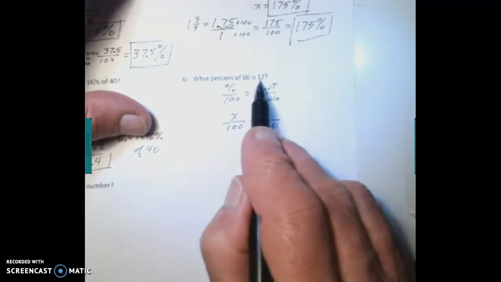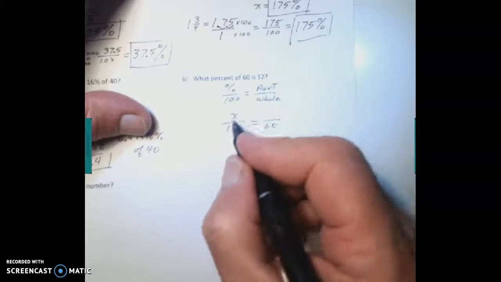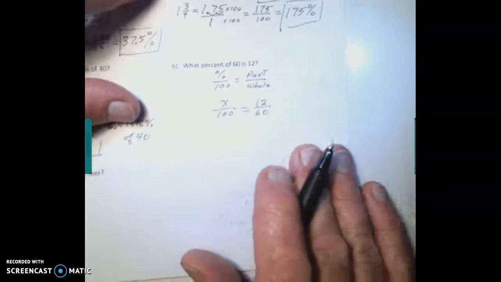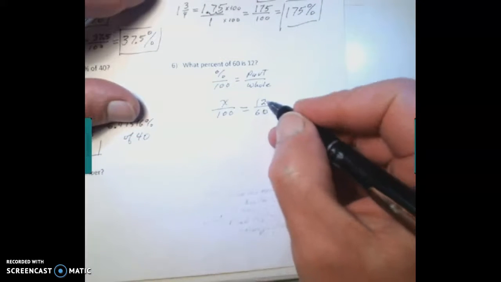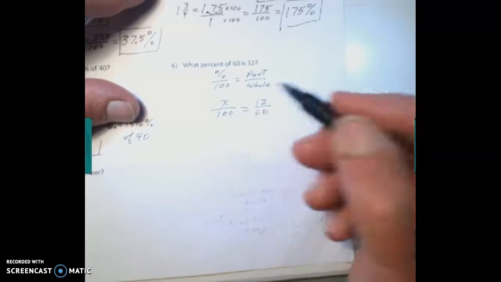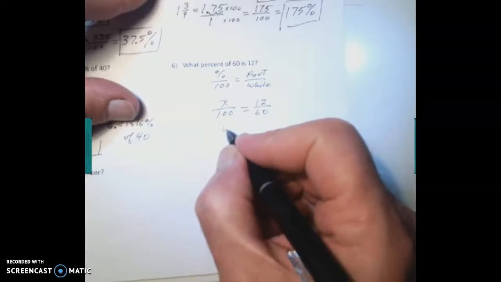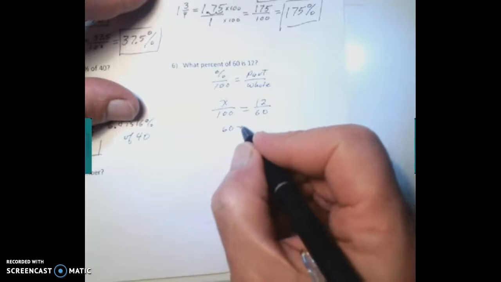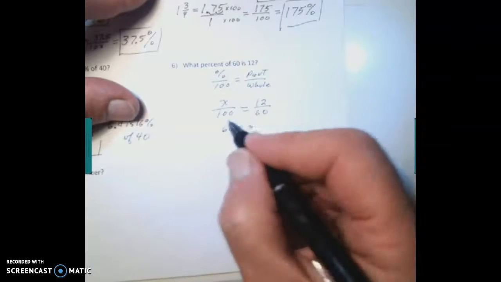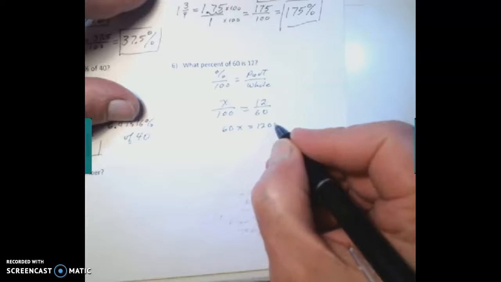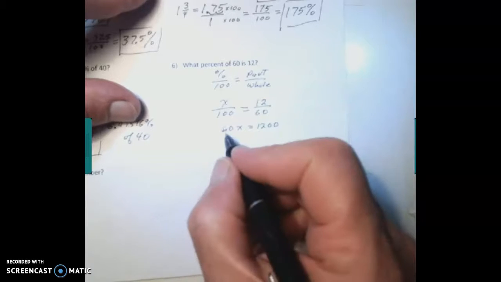The only number we have left is 12. We've already used our unknown. We're looking for the percent, so that's what we're wanting to find. 12 out of 60. What would that be out of 100? So cross multiply. You get 60 times x, which is 60x. 12 times 100, which is 1,200.